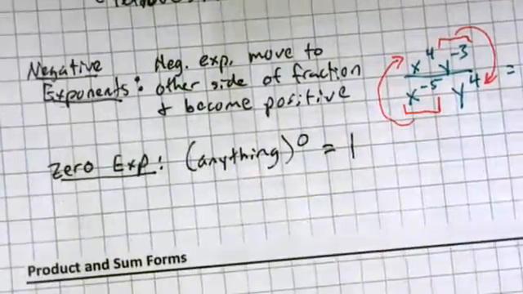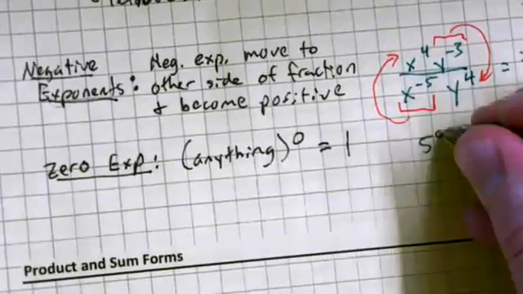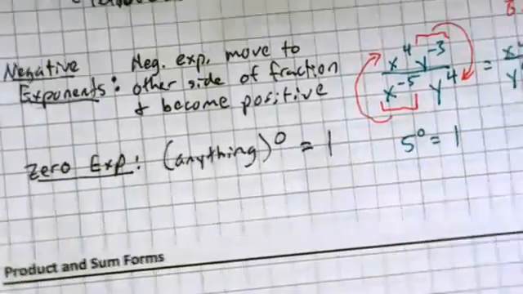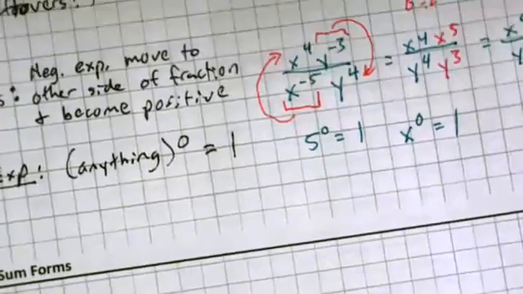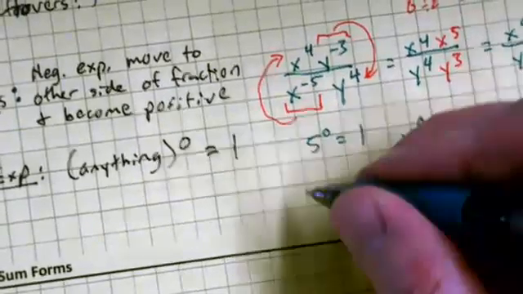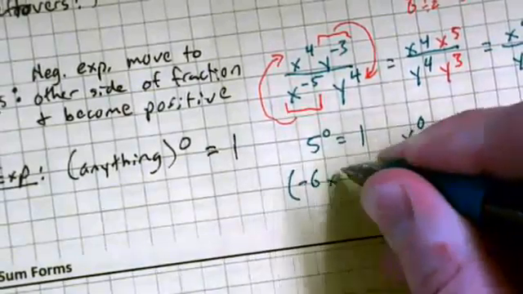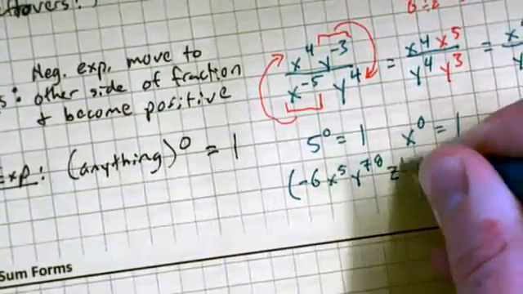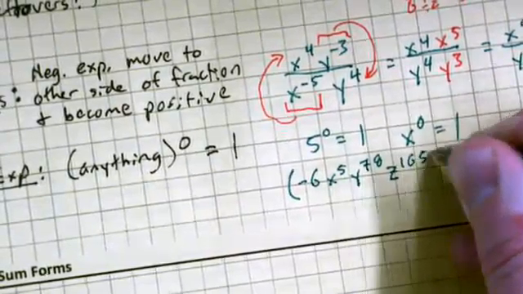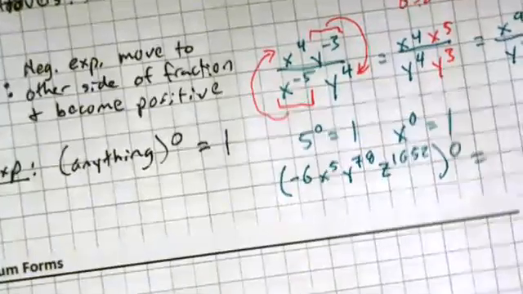So if I wanted to give some more concrete examples, I could say like 5 to the 0 is 1. X to the 0 is 1. I love putting problems like this on a test. -6, x to the 5th, y to the 78th, c to the 1652nd, all to the 0th power is equal to 1.